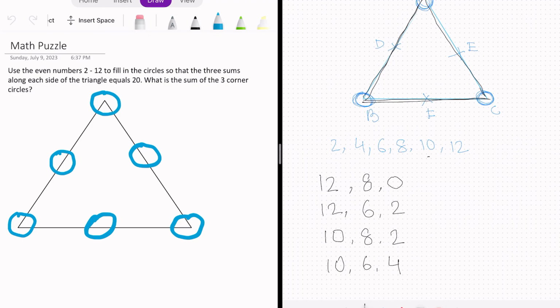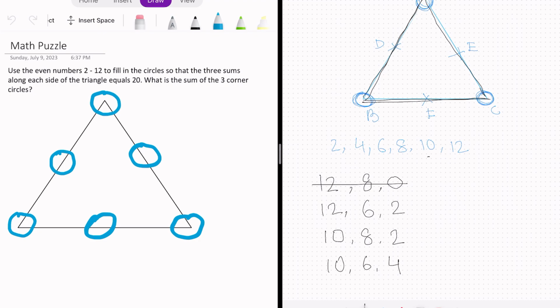Now 0 is not one of the given numbers, so I can scratch this one out. The three possible options that remain are 12, 6, and 2; 10, 8, and 2; and 10, 6, and 4.